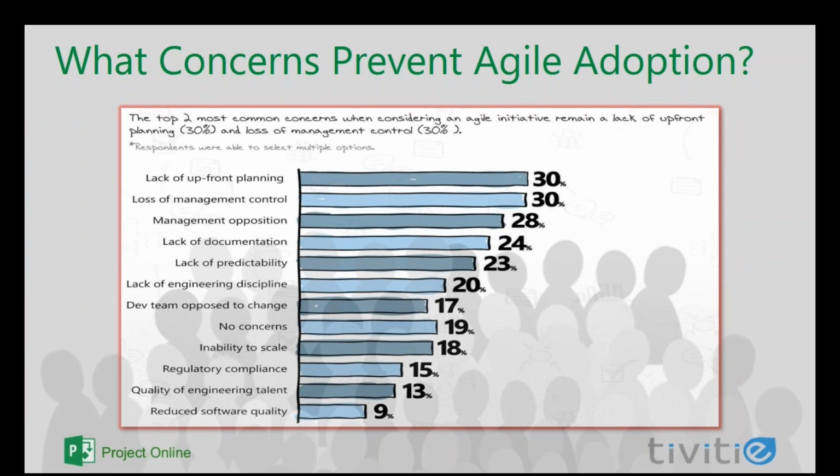Things like lack of documentation, lack of predictability, and some of this stuff is really perceptions on the way that Agile is done. But the idea here is that there are concerns in organizations that prevent them from moving wholesale into an Agile culture. But that does not preclude the need for, where appropriate, Agile methods to be used to deliver the projects that we need quicker and respond to change in an effective fashion.